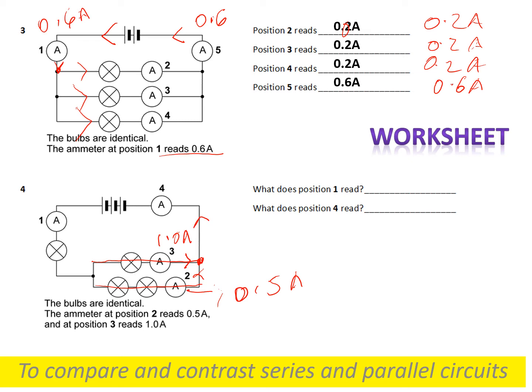So when you're coming out of it, you will have 1 plus 0.5, which is 1.5 amps. So 1.5 amps should be going back to the cell, which means our ammeter 4 is going to read 1.5 amps. Agreed? And like I have said many times in this video, if the current entering the cell is 1.5 amps, the current leaving the cell should also be 1.5 amps. That's the law of conservation of charge. Okay?